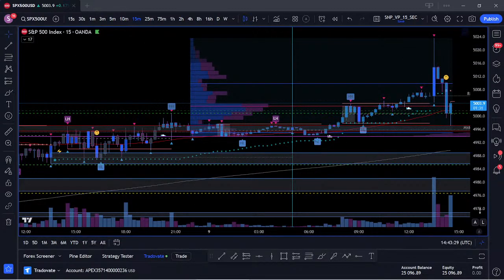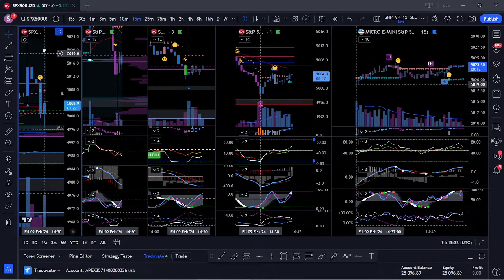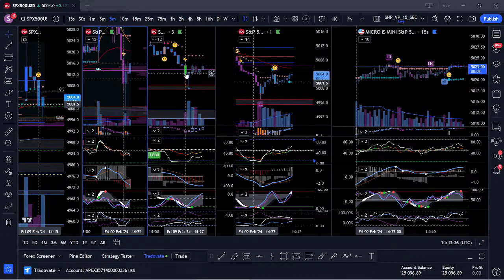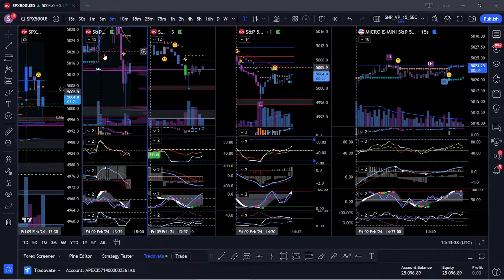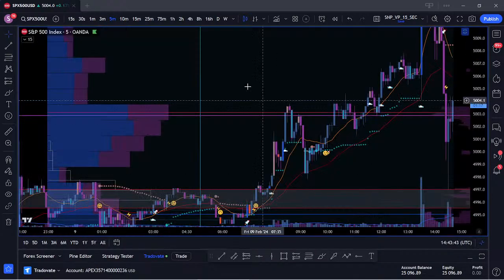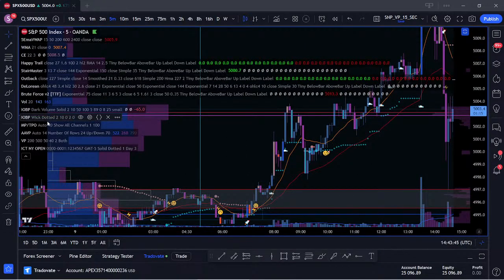All we need to know is that there are block orders. That's all we need to know. It doesn't matter which color it is, because sometimes the color is misleading. Let's do this one.